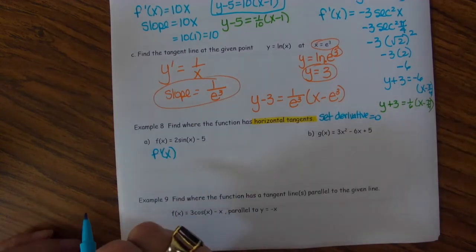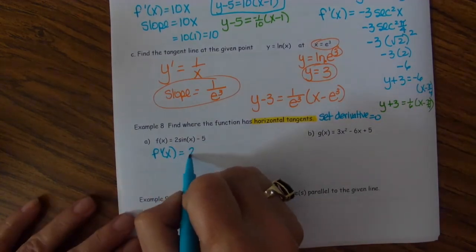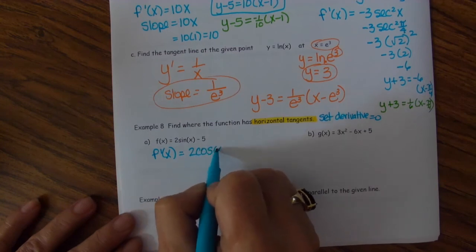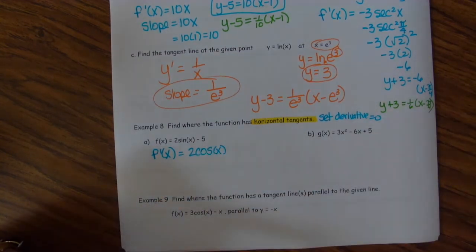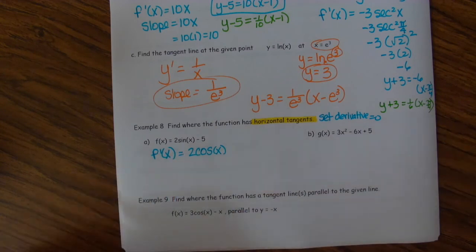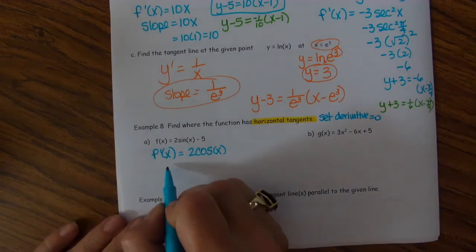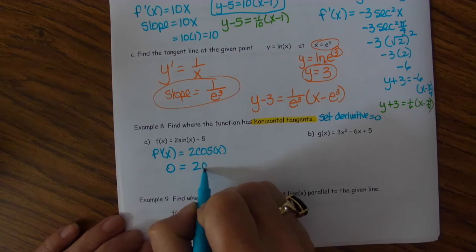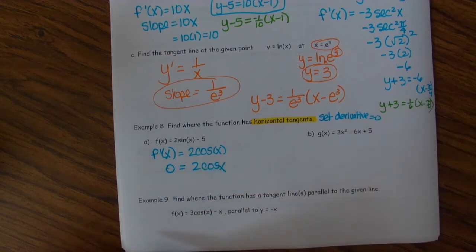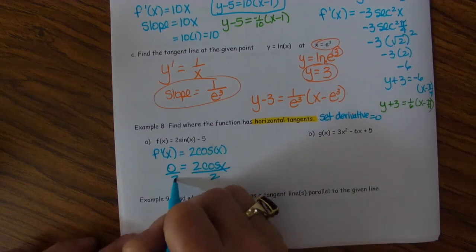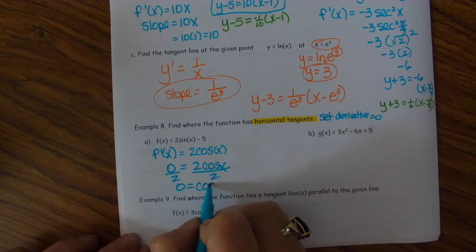What's the derivative of 2 sine x? 2 cosine x. 5 is just going to go away, right? So step 1, we found the derivative. Step 2, set it equal to 0. Okay, I could divide both sides by 2 and say 0 equals cosine x.